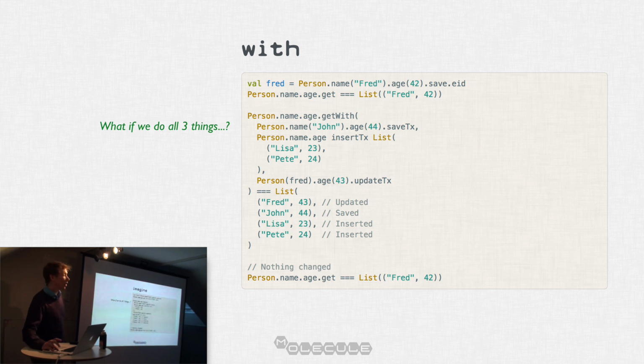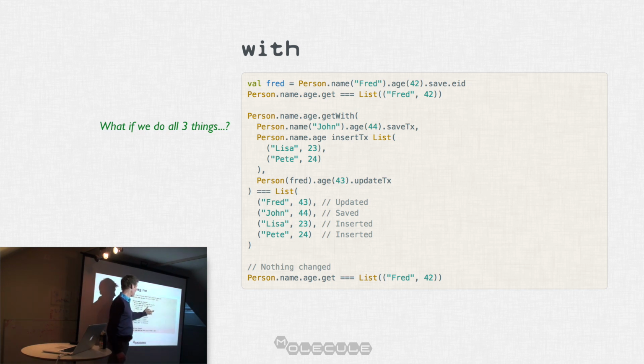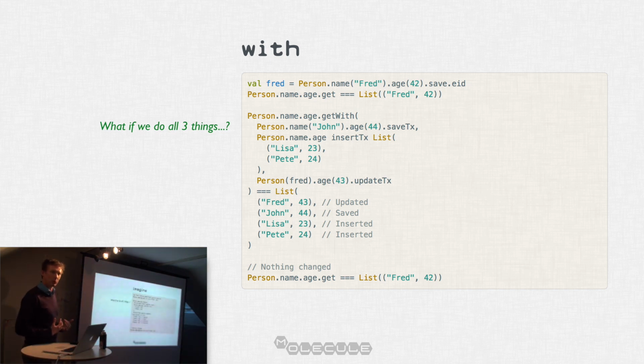And we can even combine them, because this imaging method is a var that takes multiple molecules. So you can have a save transaction, an insert transaction, and an update transaction, just separated by commas, right? You give it three molecules, and then see what the data is afterwards.